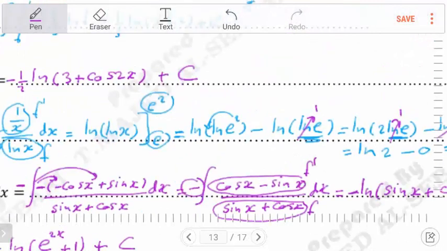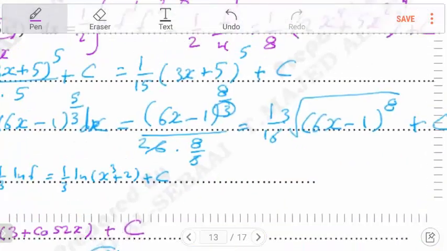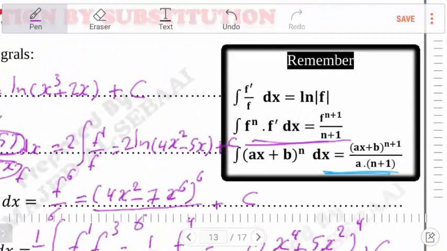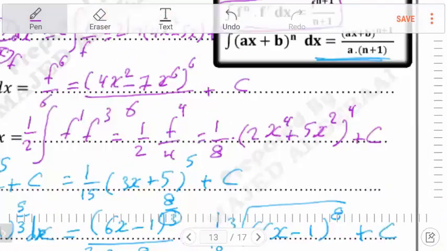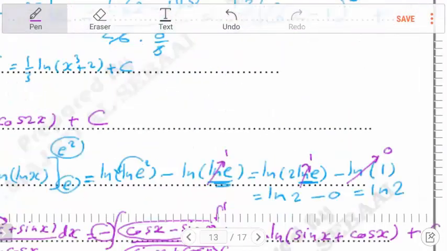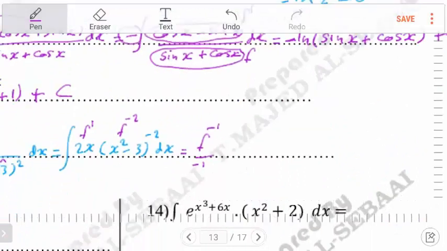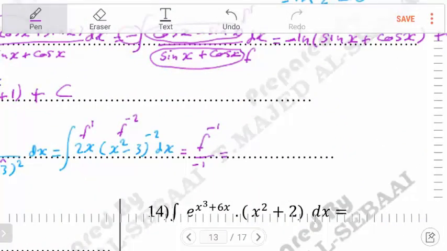What is the second rule? This one. Are you with me? Yes. Okay, good. Equal minus 1 over f, which is x squared minus 3, plus c. That's it.